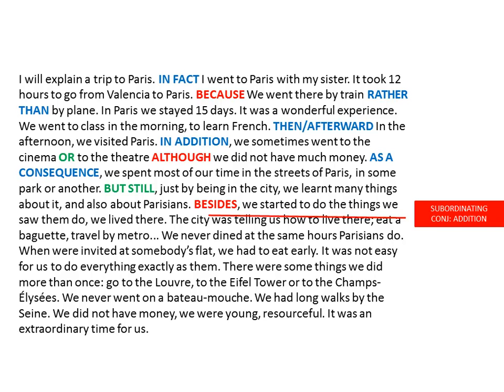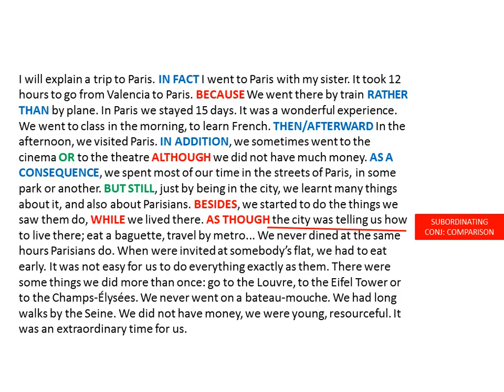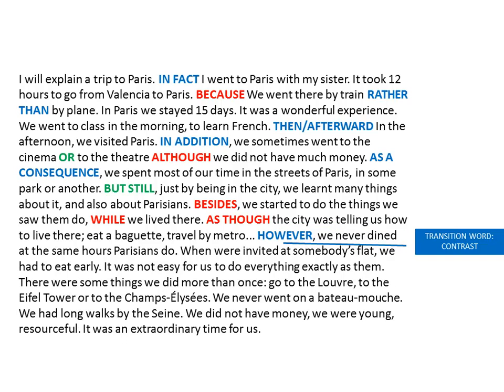So besides, we started to do the things we saw them do while we live there, a time subordinating conjunction. As though the city was telling us how to live there. This is a subordinating conjunction which creates a comparison.